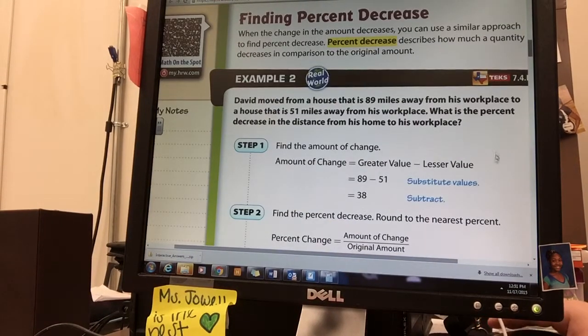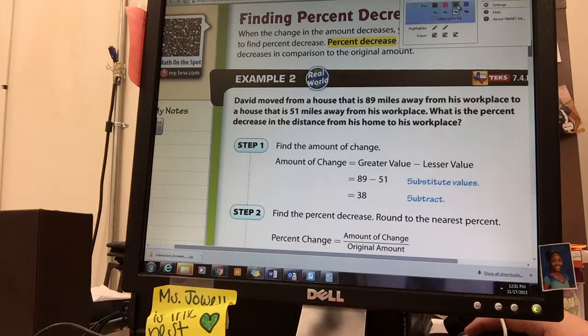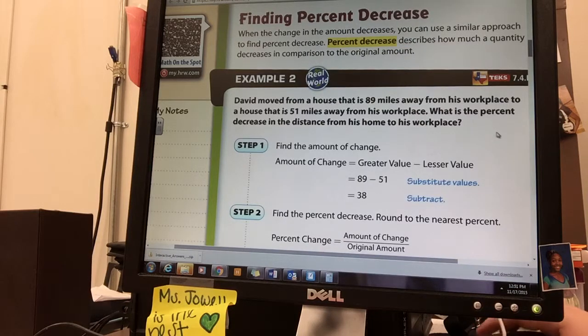Okay, so scroll to the next page, and it's percent decrease. Now the good thing about percent decrease is it's done the exact same way as the increase was, except this time it's decrease. So I need to find my change, and I'm going to need to find my original. David moved from a house that is 89 miles away from his workplace to a house that is 51 miles away from his workplace.